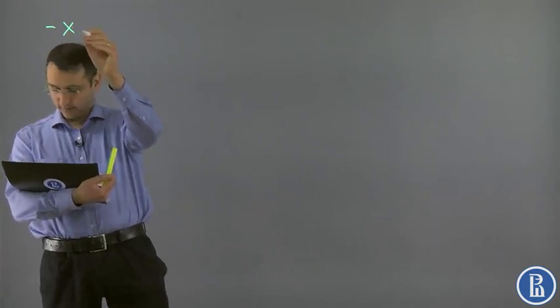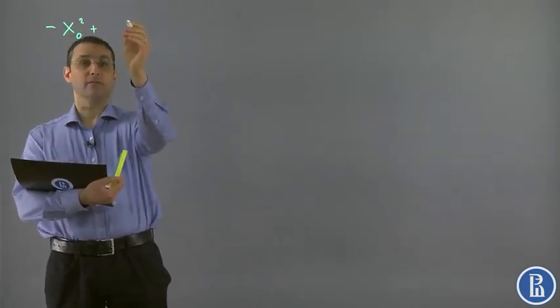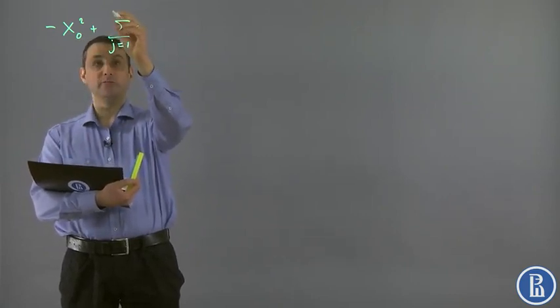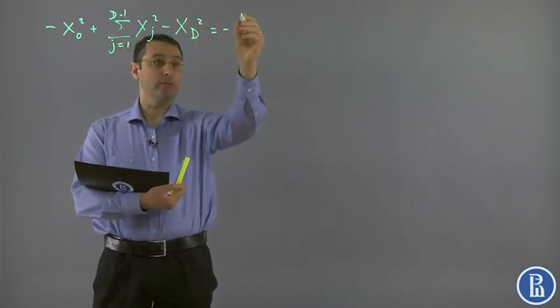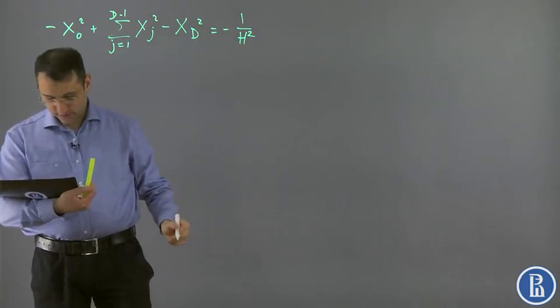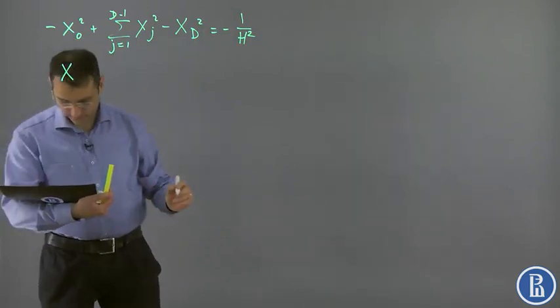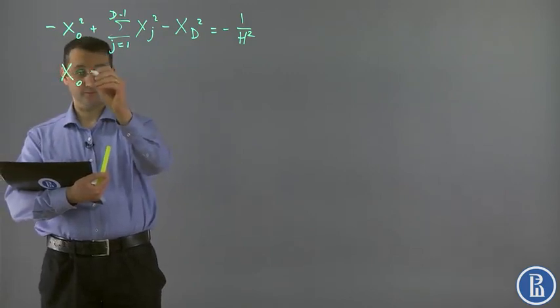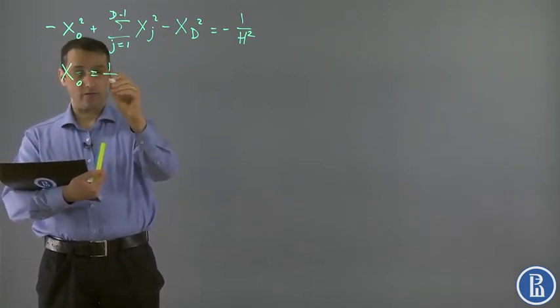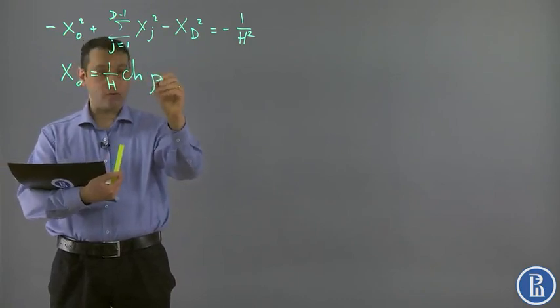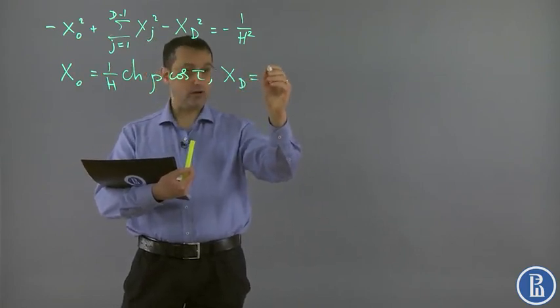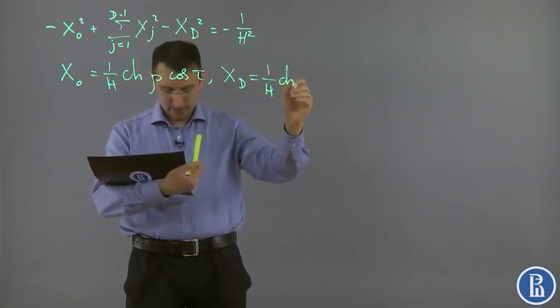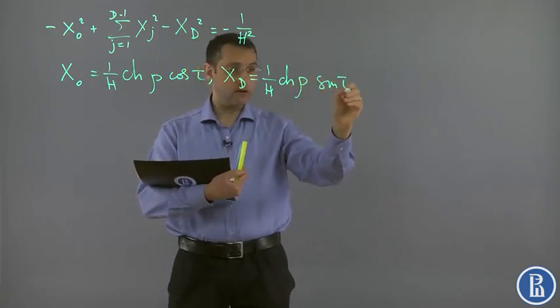We now continue with the consideration of the coordinates in anti-de Sitter space. So we are going to solve this equation: minus x0 squared plus the sum over j from 1 to d minus 1 of xj squared minus xd squared equals 1 over h squared. The solution for this case can be given like this: x0 equals 1 over h hyperbolic cosine of rho cosine of tau, xd equals 1 over h hyperbolic cosine of rho sine of tau.